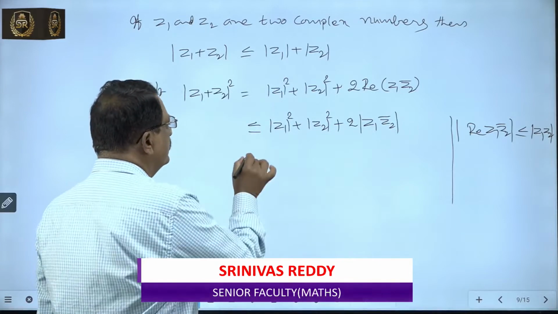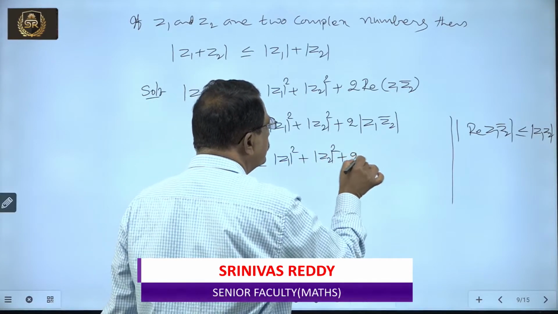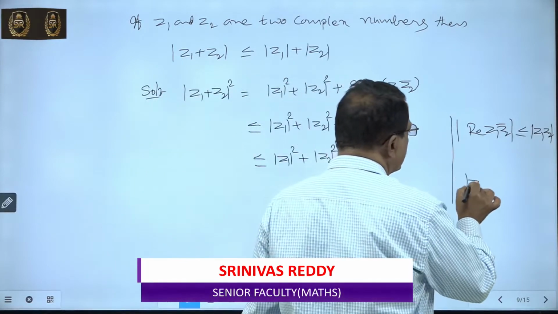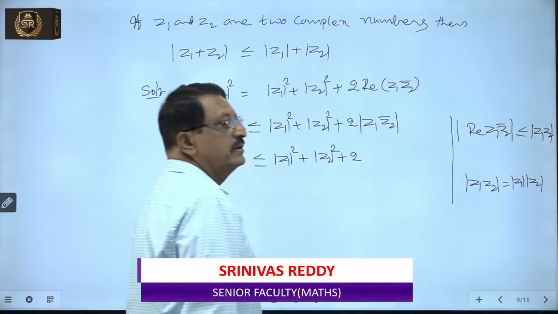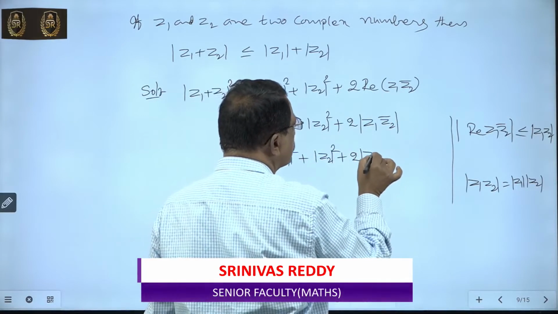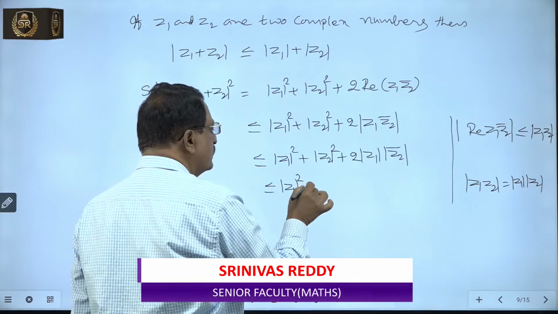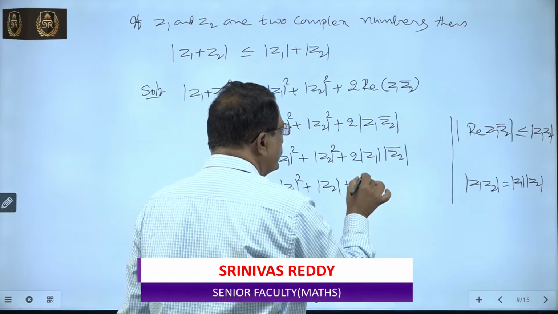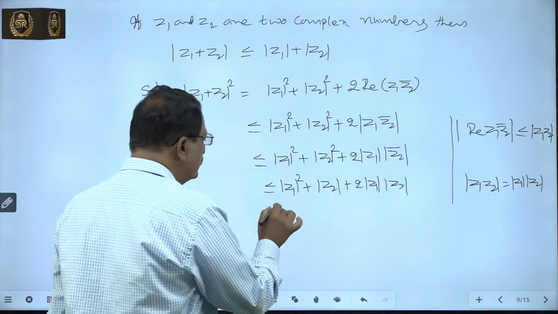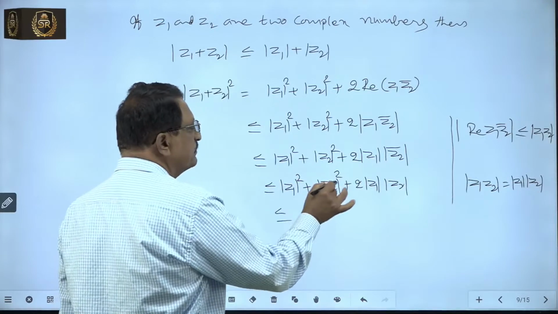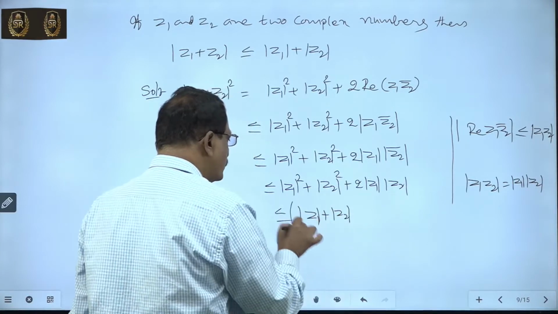Mod of z1 z2 bar equals mod z1 into mod z2 bar, and mod z2 bar equals mod z2. So it is less than or equal to a square plus b square plus 2ab, that is mod z1 plus mod z2 whole square.